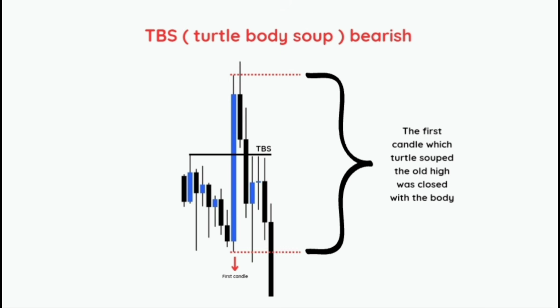It's a bearish TBS. The first candle, which manipulates our turtle soup, takes the old high with a closed body candle, and that is called TBS, which means turtle body soup.